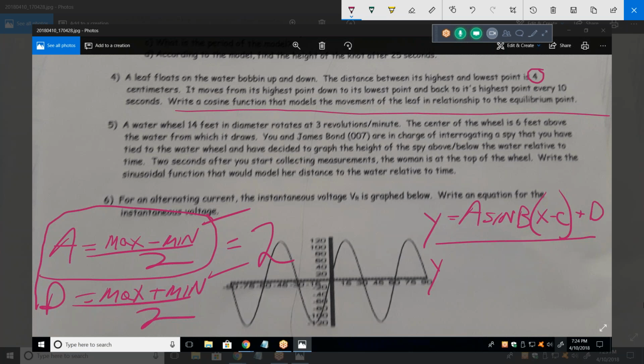So we have solved for A. Okay, we haven't solved for B yet. We haven't solved for C. But as long as they're talking about it, let's solve for D. What's the maximum plus the minimum divided by 2? So 5 then, because 10 divided by 2 is 5.